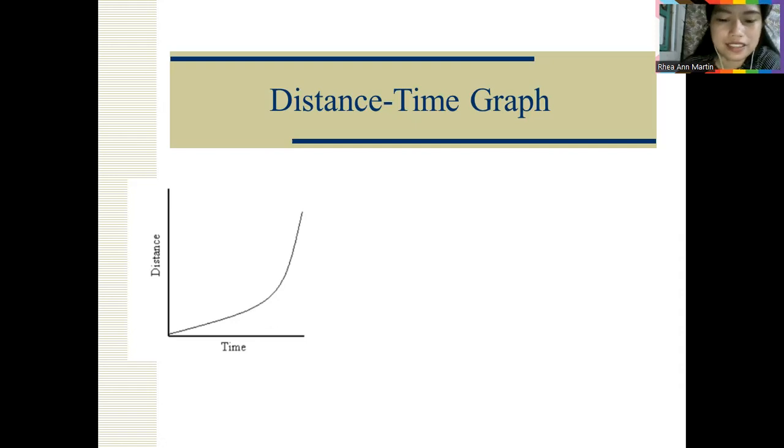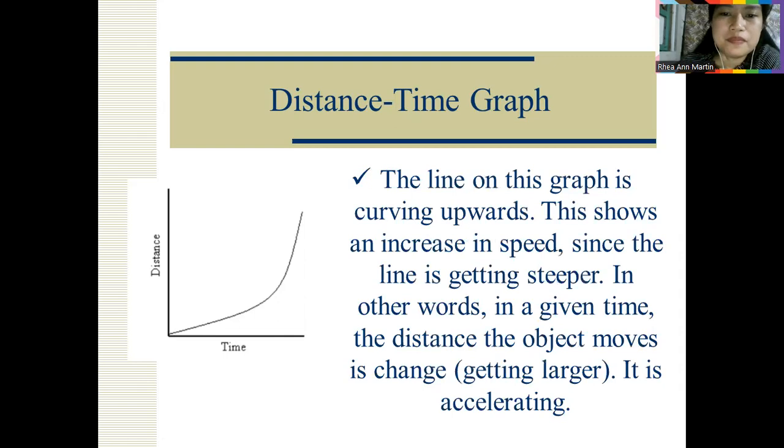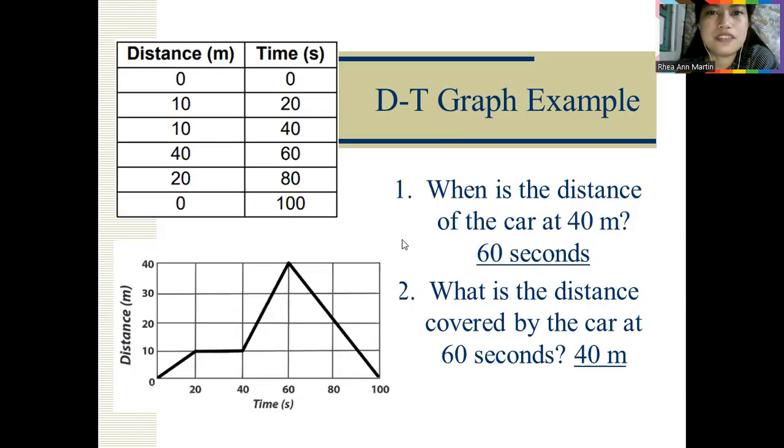The line on this graph is curving upwards. This shows an increase in speed. Since the line is getting steeper, in a given time the distance the object moves is getting larger. So the object is speeding up. It is accelerating.